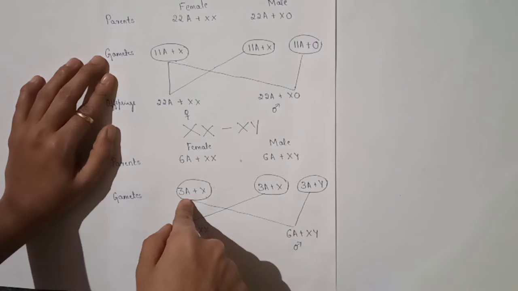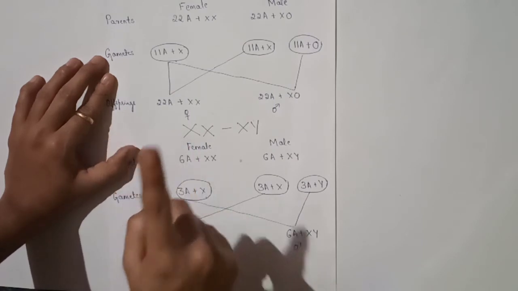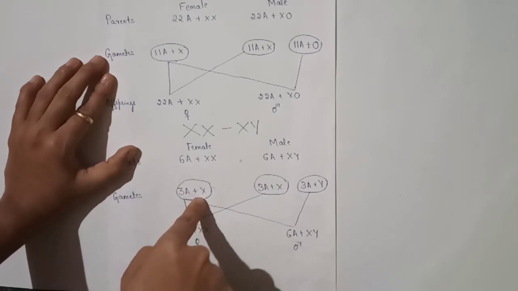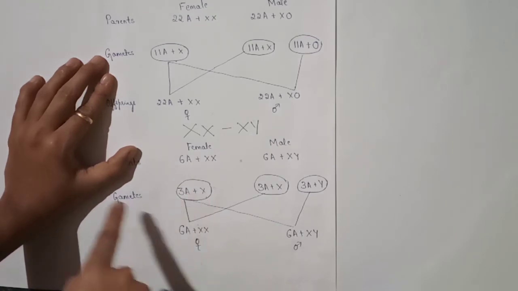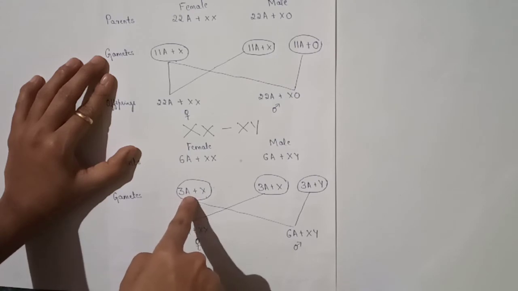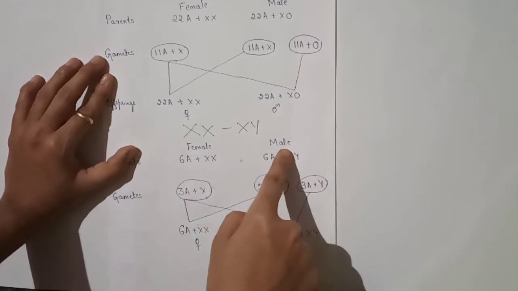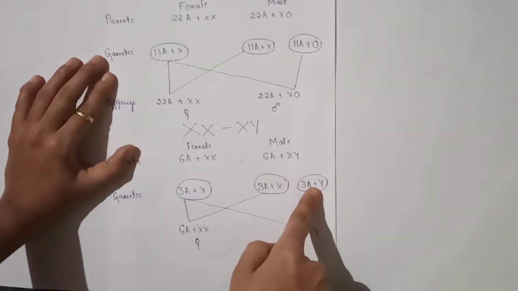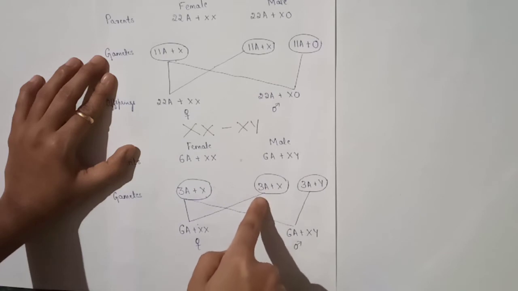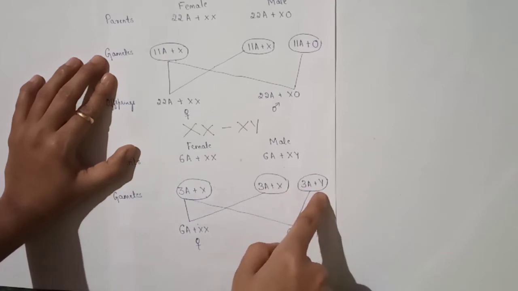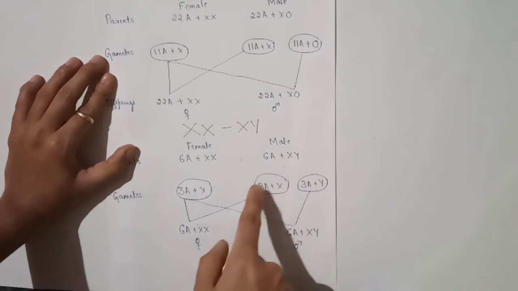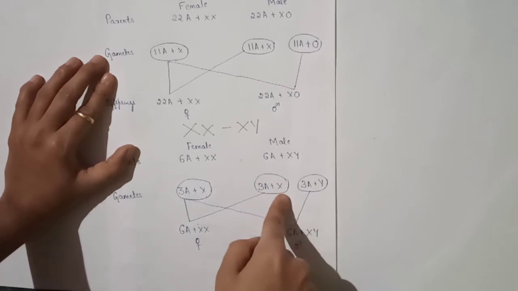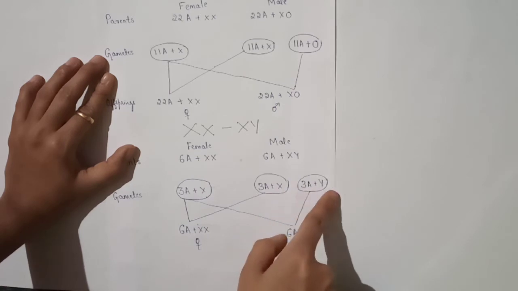During gamete formation, the female produces only one kind of egg cell, all with X chromosome, because they are homogametic. So the gamete consists of 3 autosomes plus X chromosome. But the male is heterogametic. They produce 2 kinds of gametes or sperms, 50% with X chromosome and 50% with Y chromosome. That means the genetic constituent of sperm is 3 autosomes plus X or 3 autosomes plus Y.